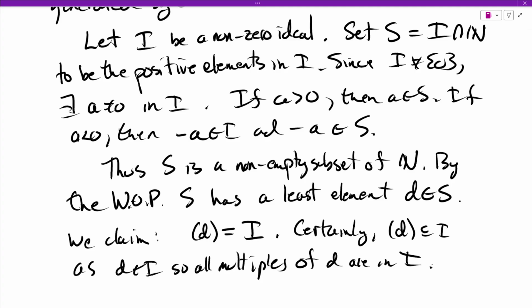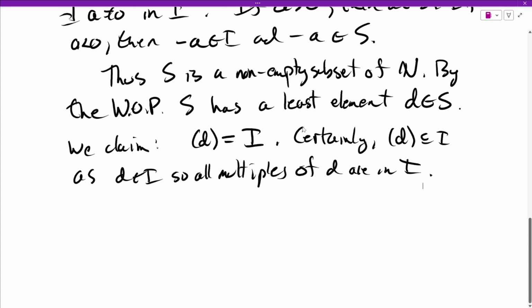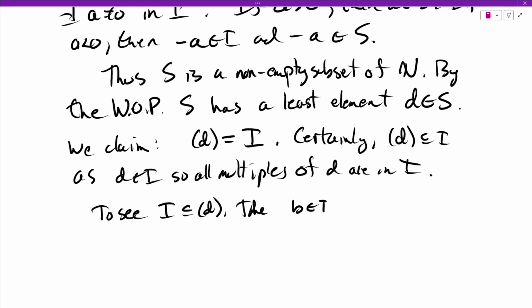So the difficult part is the reverse containment. Or it's not difficult, but the more involved part is the reverse containment. So to see that I is contained in the ideal generated by D, we're in the integers, so let's take some B in I. We want to show that B is a multiple of D. So what do we do?